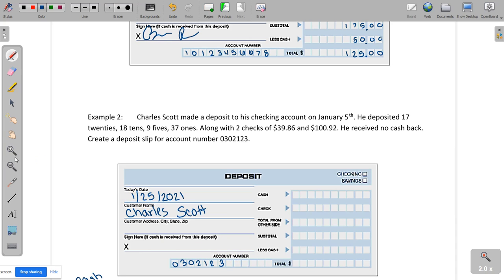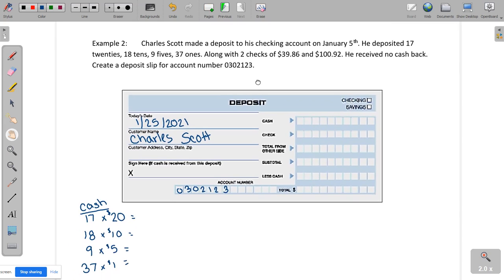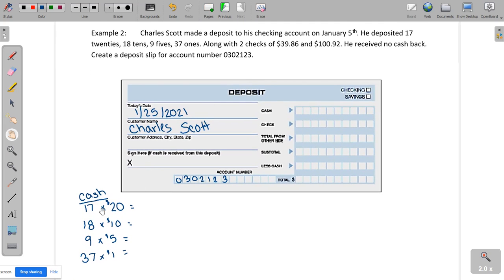Now we need to figure out how much cash he had. So he had 17 20s. So how many dollars is that? 17 times 20 gives us $340. He had 18 10s. So that's $180. 9 5s, that's $45.